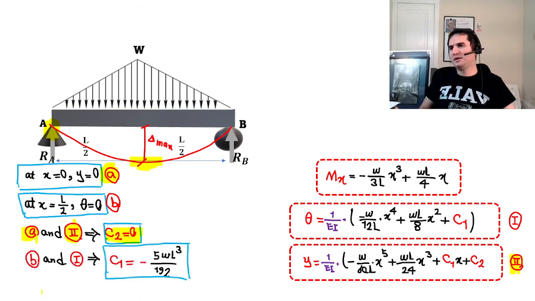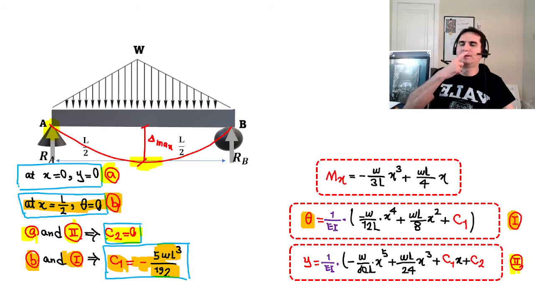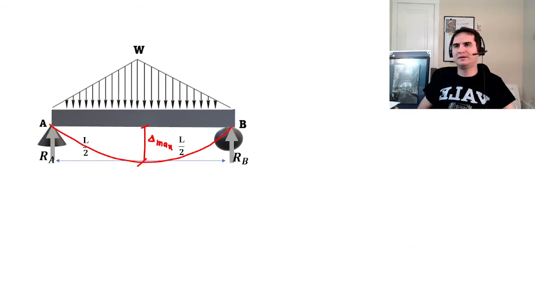Replacing the second in equation 1, the theta equation, gives C1 equal to negative 5WL cubed over 192. Then we have the entire equations for theta and delta.